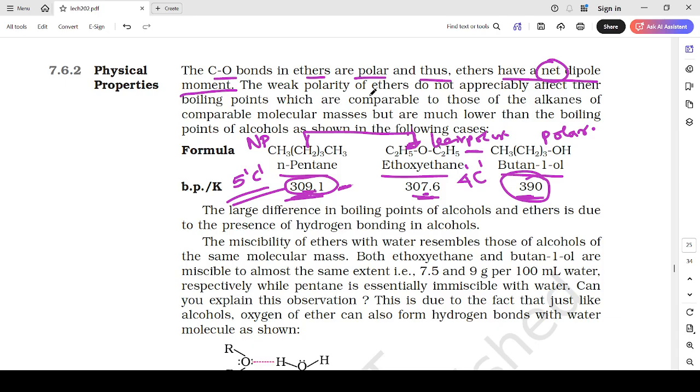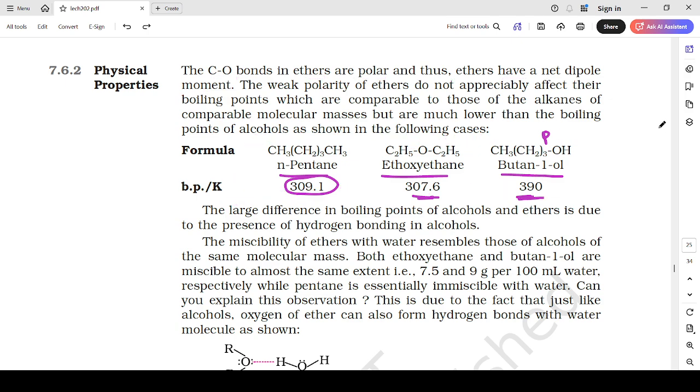The weak polarity of the ethers does not appreciably affect their boiling points, which are comparable to those of alkanes of comparable molecular masses. When you consider their molecular masses are almost comparable, that's the reason why they have almost comparable boiling points. But it is much lower than the boiling point of alcohol.